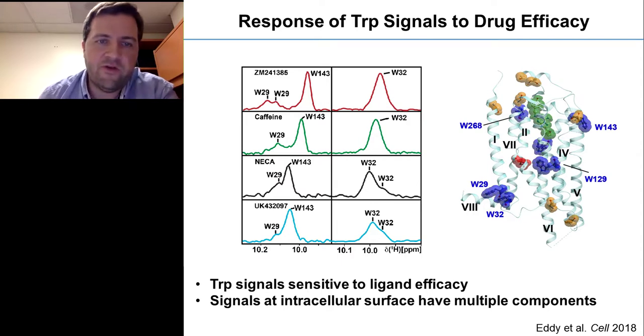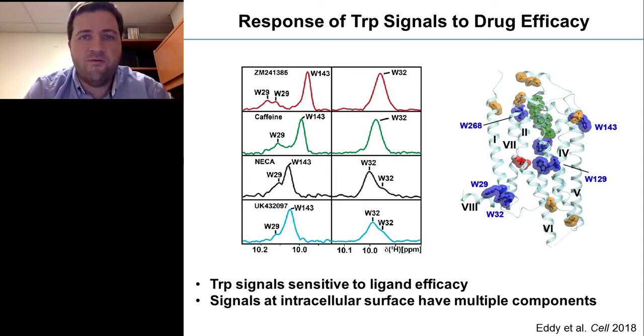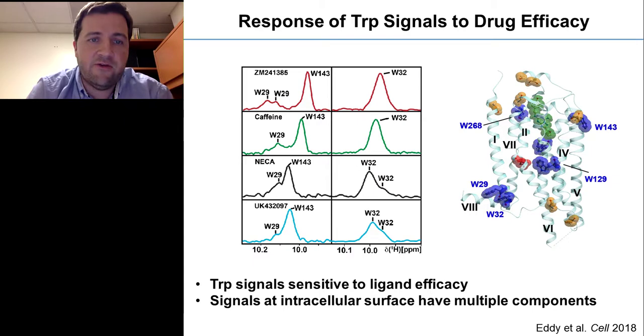You can see the signals for tryptophan 29, there are actually 2 of them, and they're much broader compared to the signal for tryptophan 143, which is located on the extracellular surface, and shows a single signal that is relatively narrower.